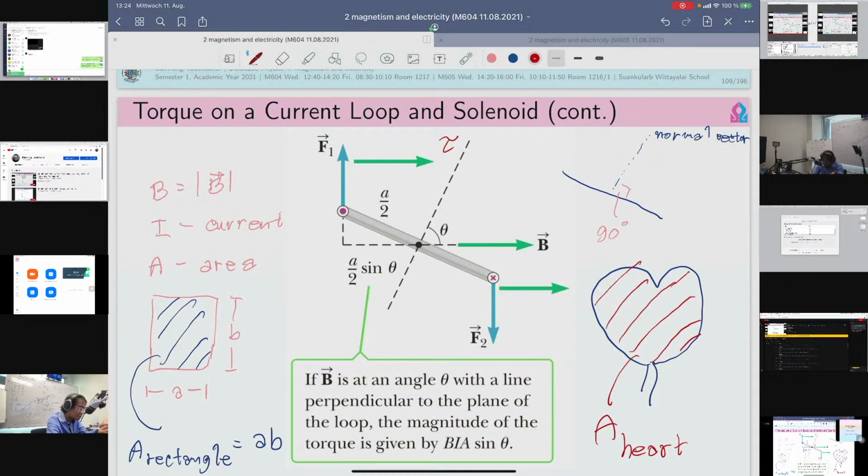It's going to be the force F1, or simply F, times the distance from this point to this one, because right now we have the length of the bar in order to compute the moment like this. Here is the pivot or the rotating position.